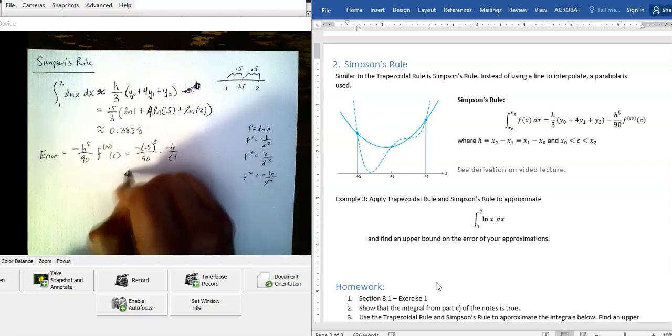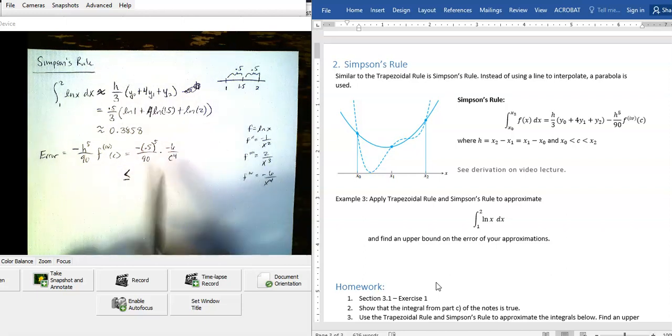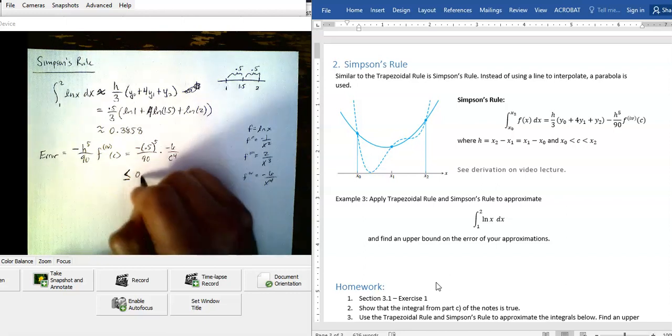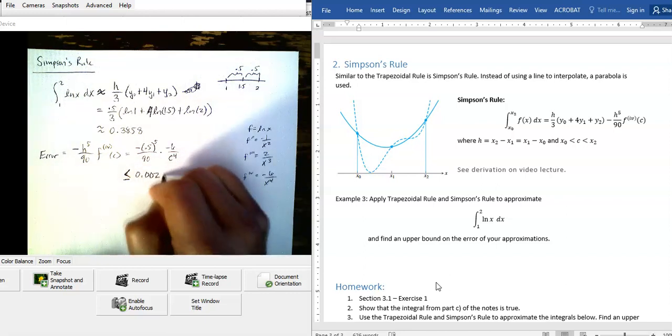This is less than or equal to, when c is 1, we're going to get negative, so that would be positive 0.5 to the 5th times 6 over 90, which is 0.0021.